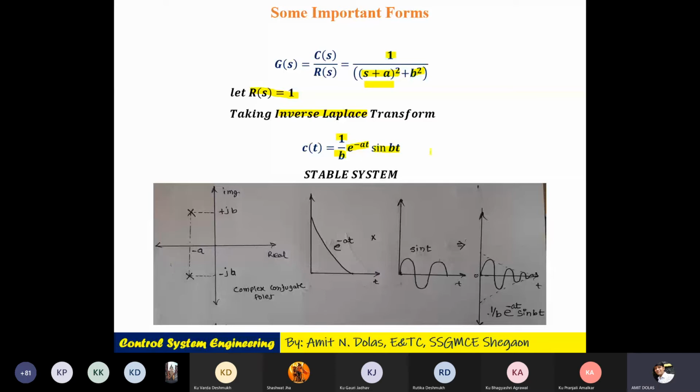So you can see there are two signals here. One is a sinusoidal waveform and the other is e raised to power minus at, and 1 by b is some constant. e raised to power minus at is nothing but an exponential decay.